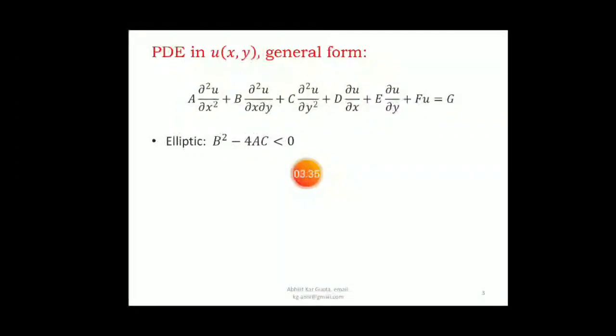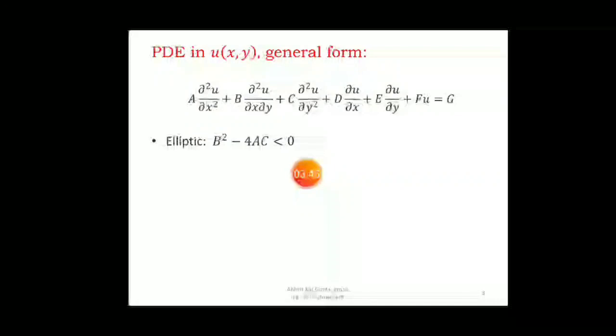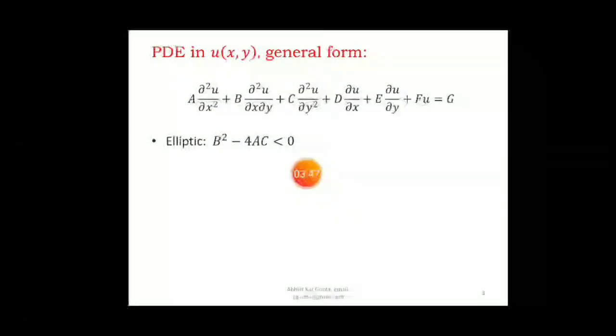We can check if b² minus 4ac is less than 0. For certain kinds of partial differential equations, this holds. These are called elliptic partial differential equations. Laplace's equation is this elliptic kind of differential equation.